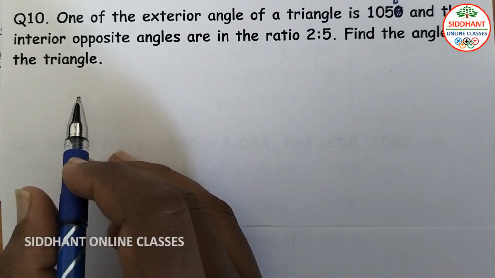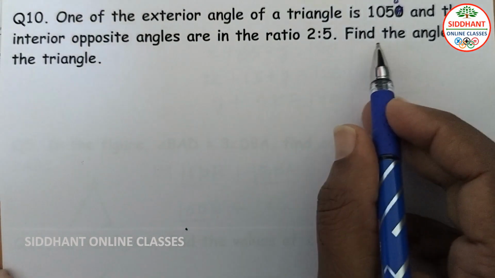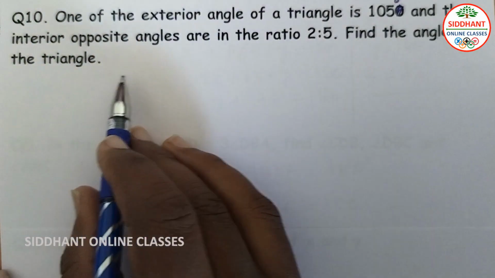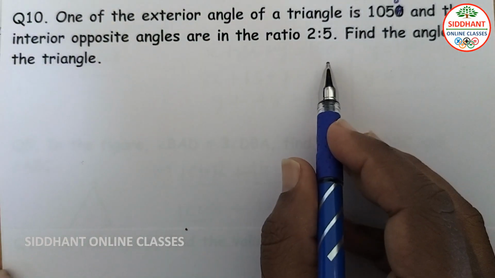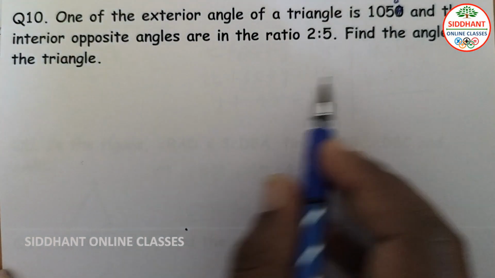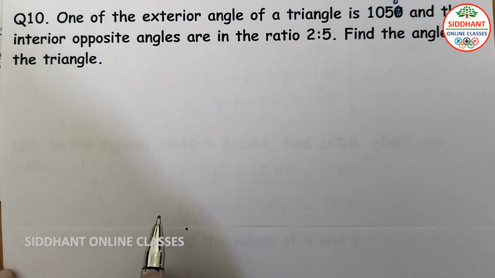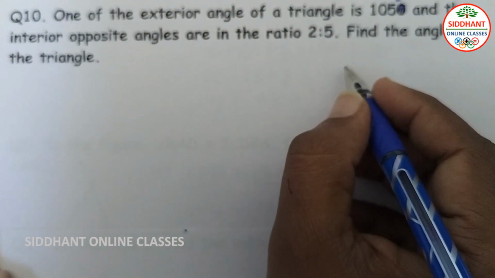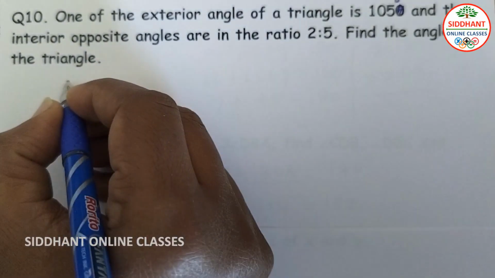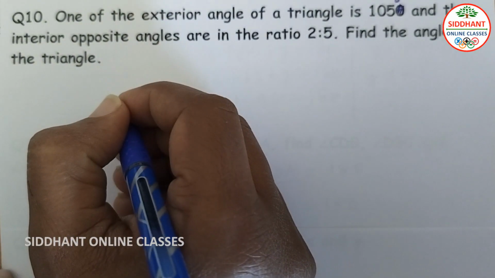Question number 10. One of the exterior angles of a triangle is 105 degrees and the interior opposite angles are in the ratio 2:5. Find the angles of the triangle. So we know that the exterior angle is equal to the sum of the interior angles.